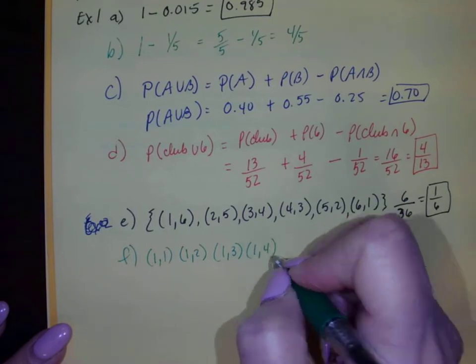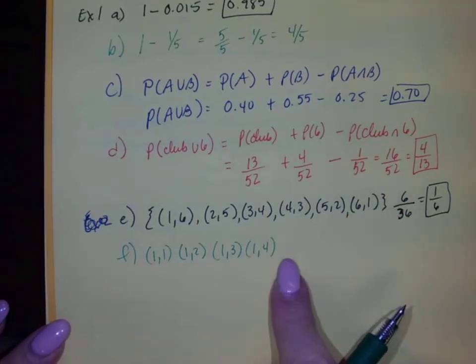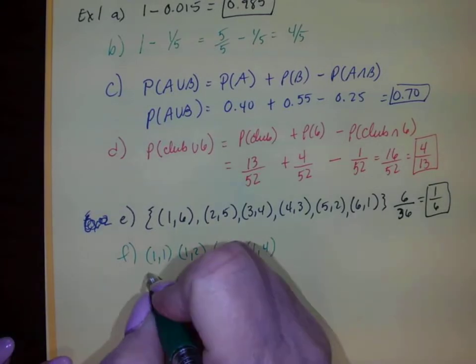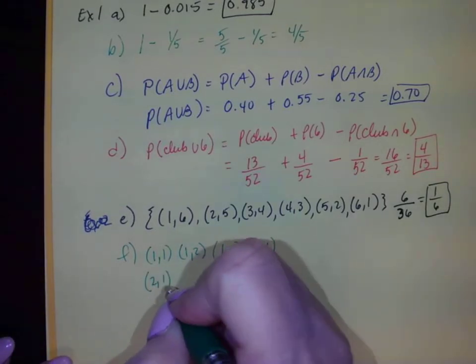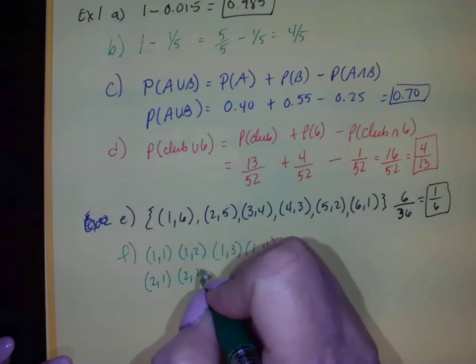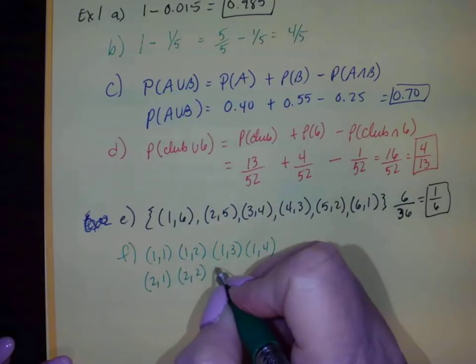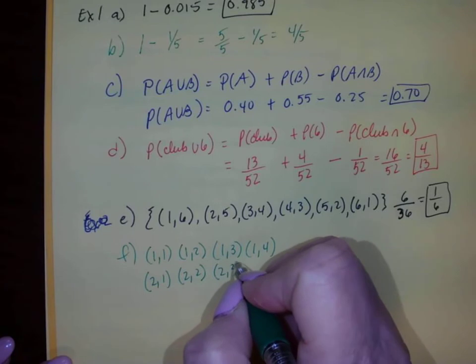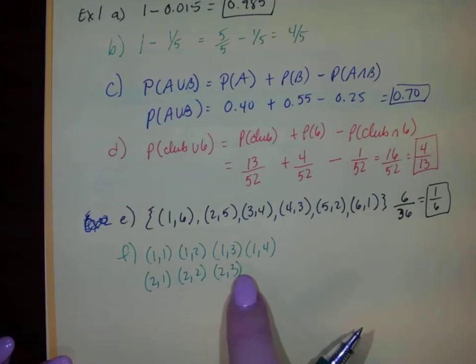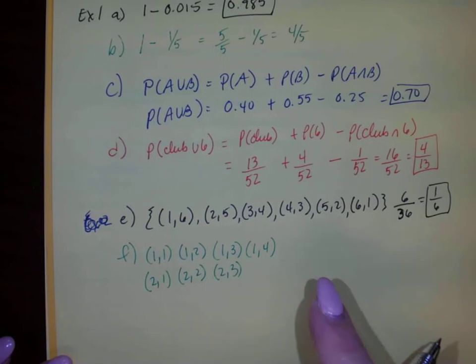A 1 and a 4 will get me a sum of 5. I can't go 1 and 5 because that will get me a 6, and it has to be less than 6. All right, now, if I start with a 2, I can do a 1, I can do a 2 and a 2, and I can do 2 and 3. That'll get me a 3, a 4, and a 5. I can't do 2 and 4 because that would get me 6.